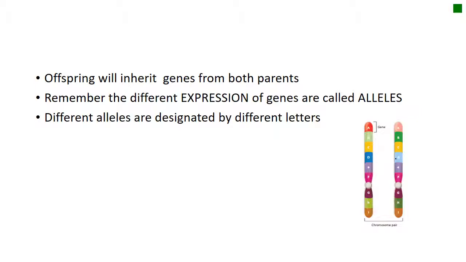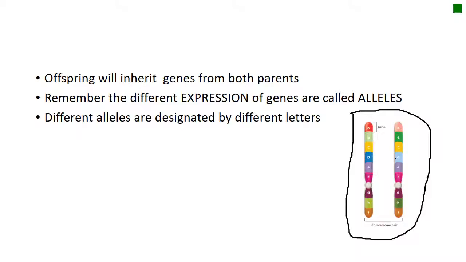Okay, it means that you're going to have genes located on the pair of chromosomes that code for the same thing. So if I look at this segment of a chromosome, this whole thing here is a chromosome pair. If I look at this pair of chromosomes and find individual segments, these individual segments represent genes.